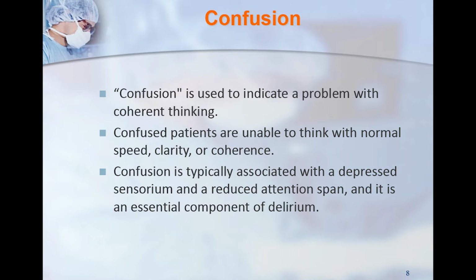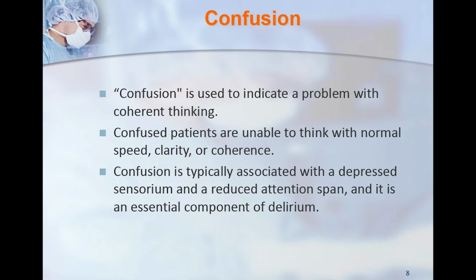That's it. You cannot just diagnose everybody who is confused with delirium. Confusion is typically associated with a depressed sensorium and reduced attention span. This is just confusion, but it is the essential component, because without confusion, on the other hand, you cannot really diagnose delirium.